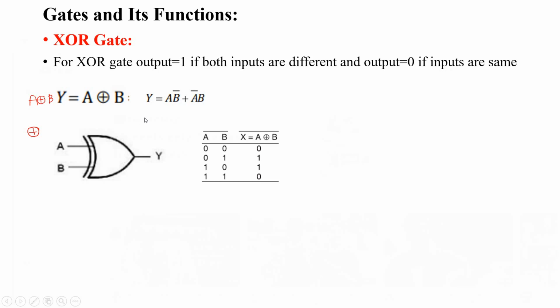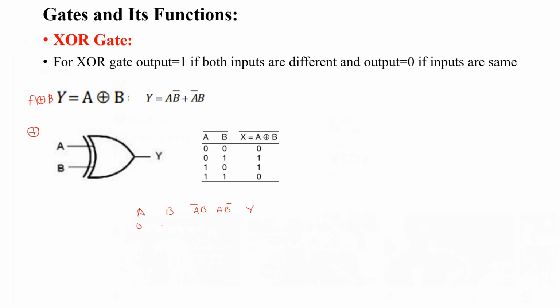Now let us try to work with this one. Let us have a circuit with inputs A and B, the terms A bar B and A B bar, and let us have the output Y, which is an XOR.